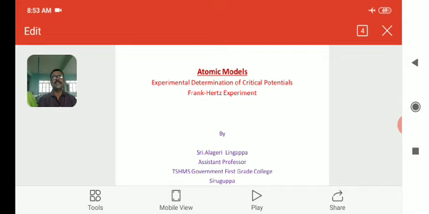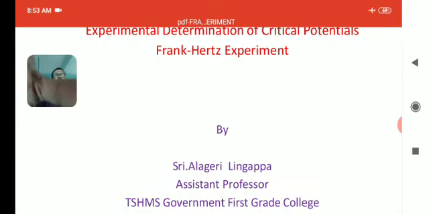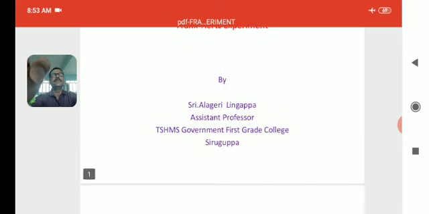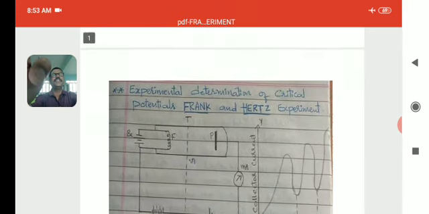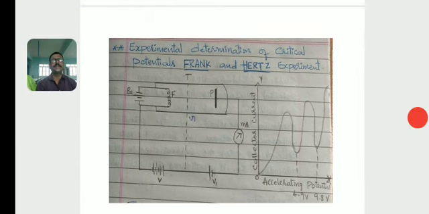In the previous class, we discussed what excitation potential is and what ionization potential is. The amount of energy required, that means the electric potential difference required, to shift an electron from its orbit to any higher orbit is known as excitation potential.